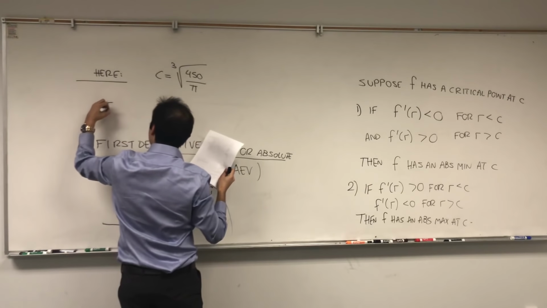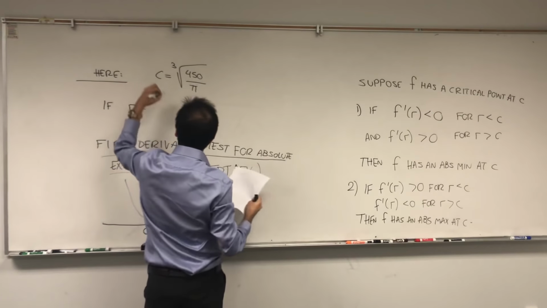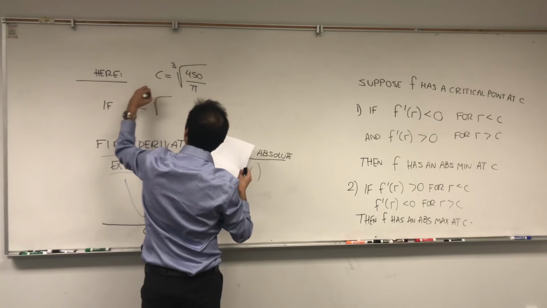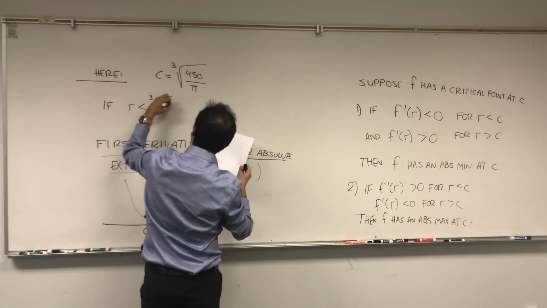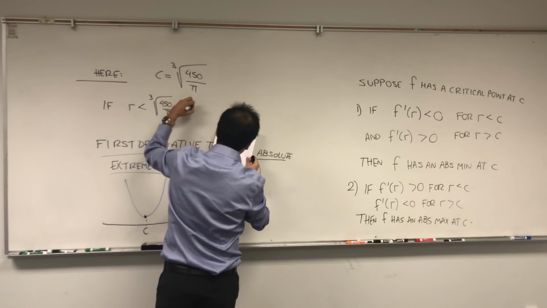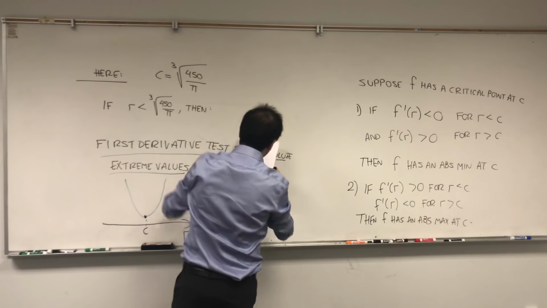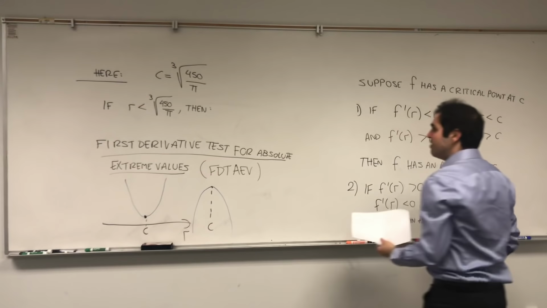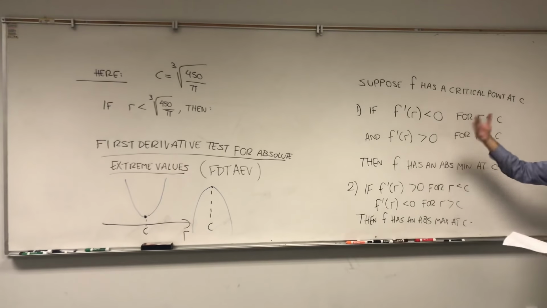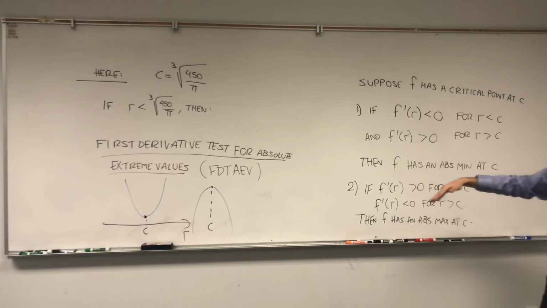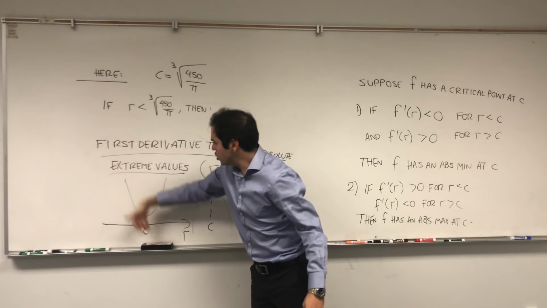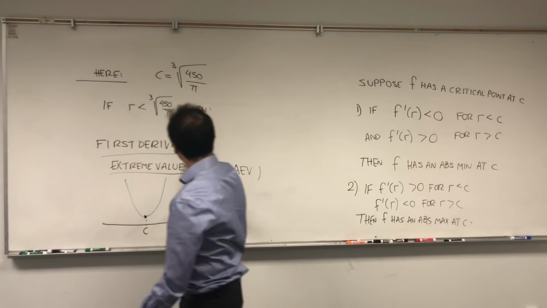So if r is less than c, so if r is less than cube root of 450 over pi, then unfortunately I erased our function, but we want to show, in other words, because it's a minimum, we want to show f prime is negative.